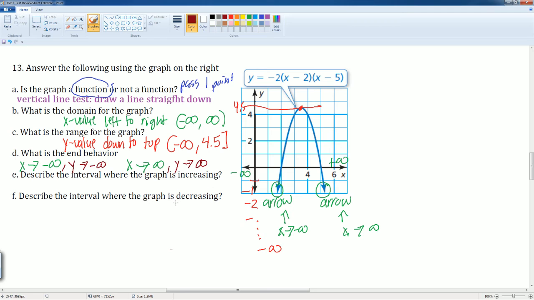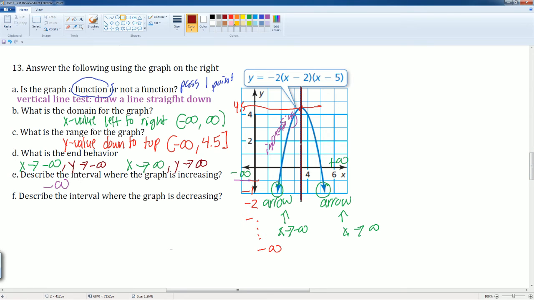Next, it asks us for what interval is the function increasing? Well, it is going up right here. So this is increasing. It came all the way from negative infinity, because that was our left side. It goes all the way to this line of symmetry that cuts down right here. So it was increasing all the way to that point.